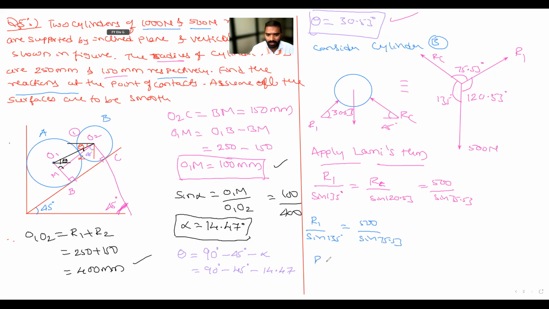So I will get the R1 value. Next, consider RC divided by sin of 120.53 is equal to 500 divided by sin of 75.53. So calculate the value of RC and R1.